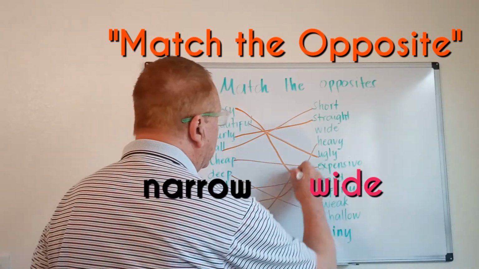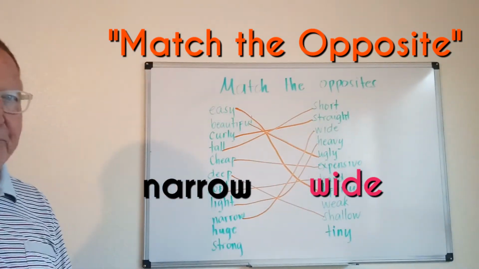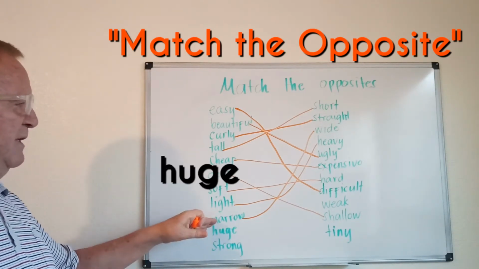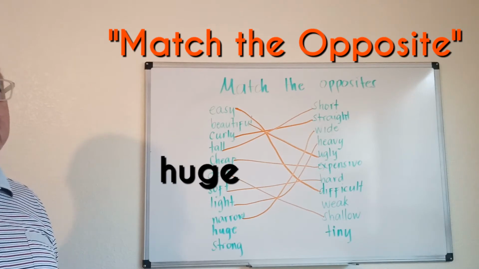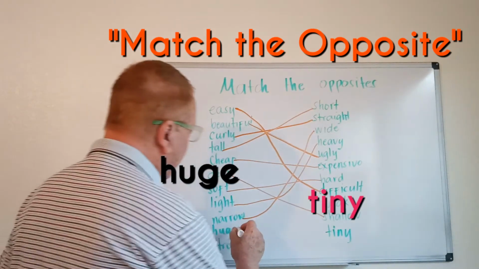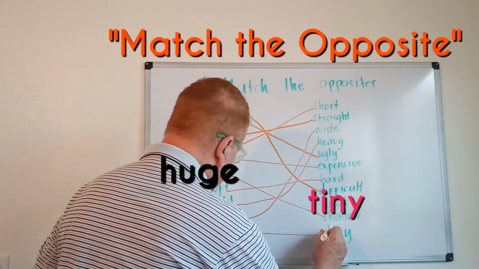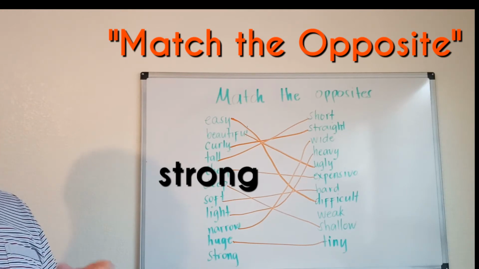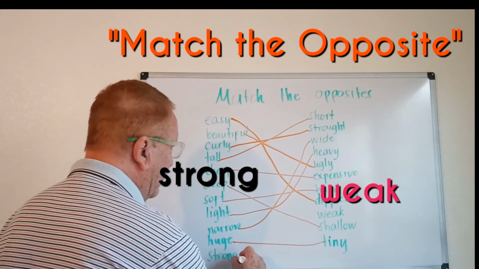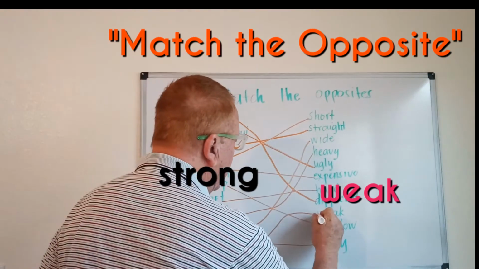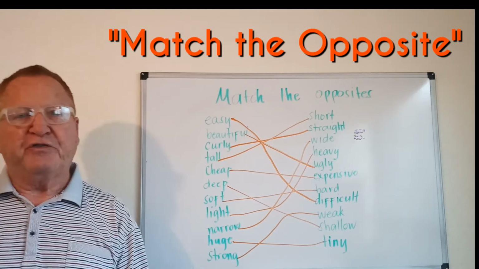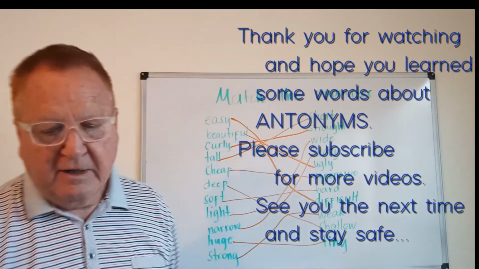Narrow road and a wide road. Narrow, wide. And the next one, huge, would be tiny. Something very big, something very small. Huge and tiny. And the last one is strong. Strong would be, the opposite is weak. So strong, weak. And that concludes today's lesson on antonyms.